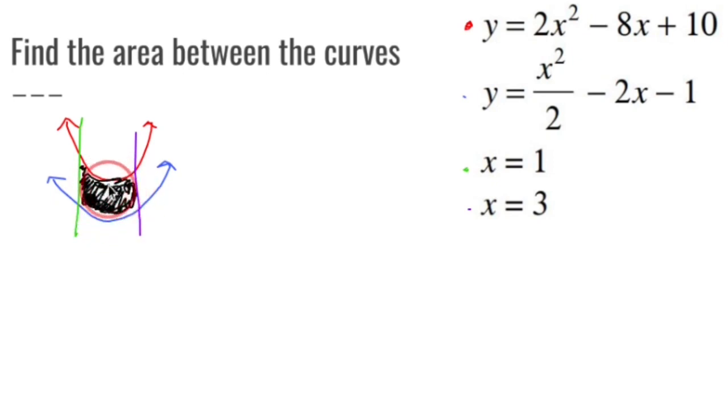Now, if you have two curves, you're going to subtract one equation minus another equation, integrate that, and then you have the area that you want. Now, the fun part about this is we know what my limits are. My limits are 1 and 3. So my job is to find this mess right here.